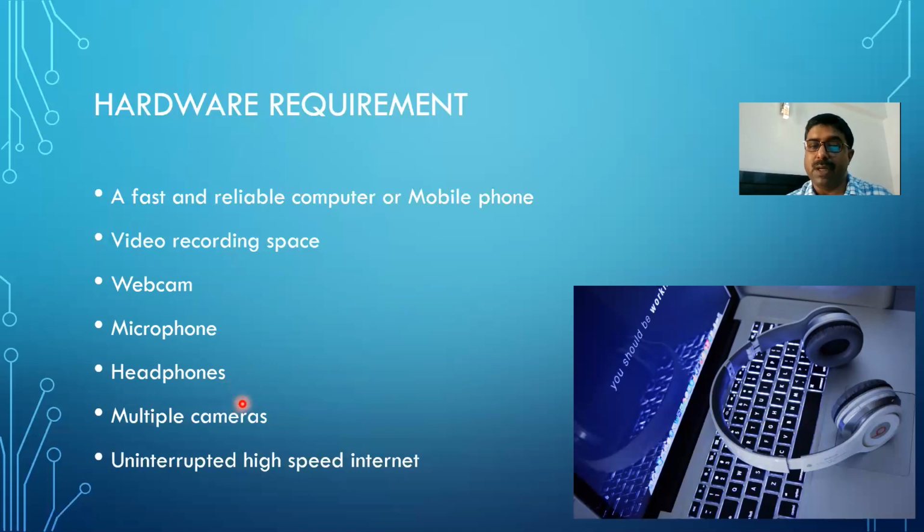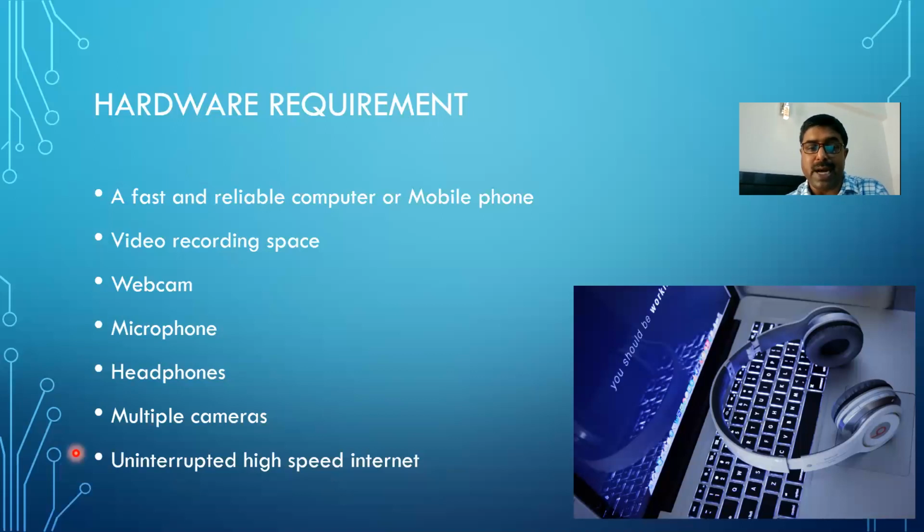Now you can have multiple cameras also, where you can record your video, or there are certain plugin cameras which you can directly plug into your USB. There are certain software by which you can incorporate additional features to your online class.